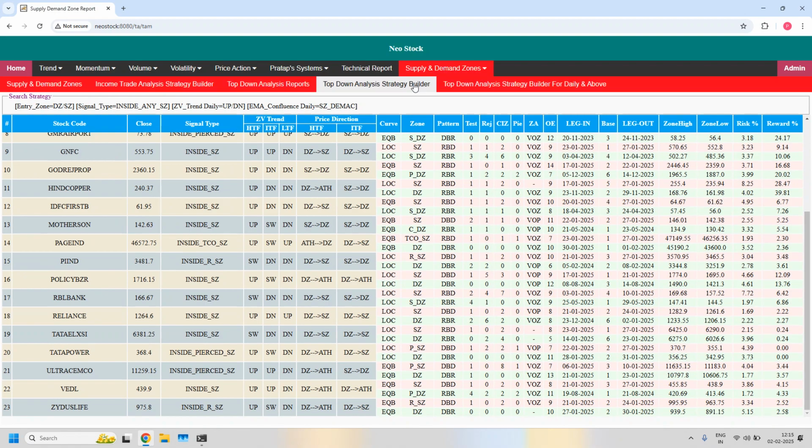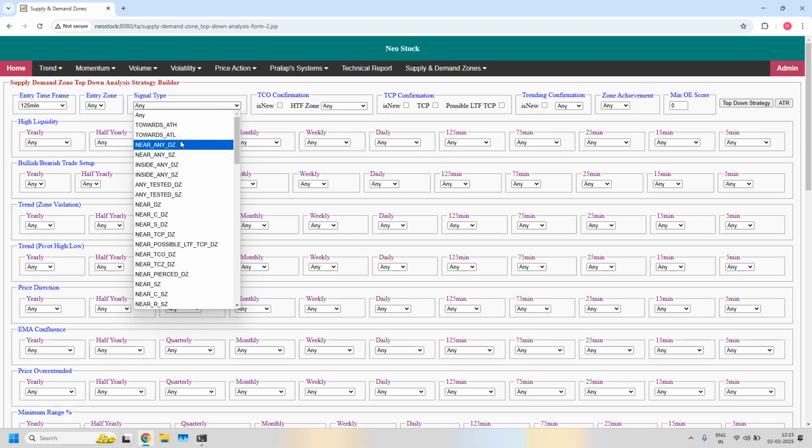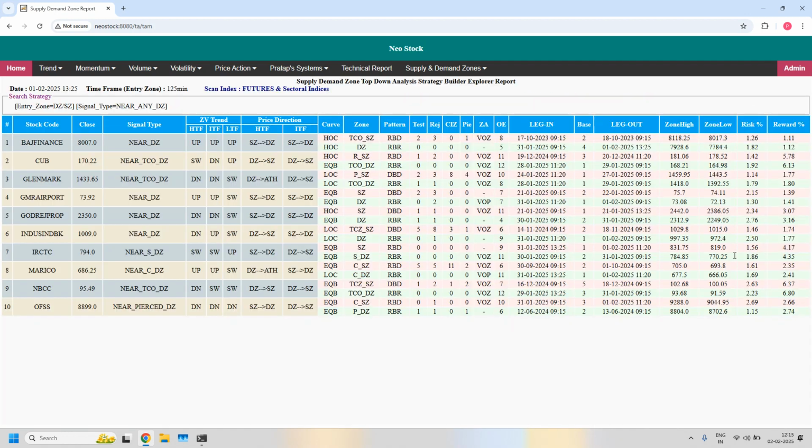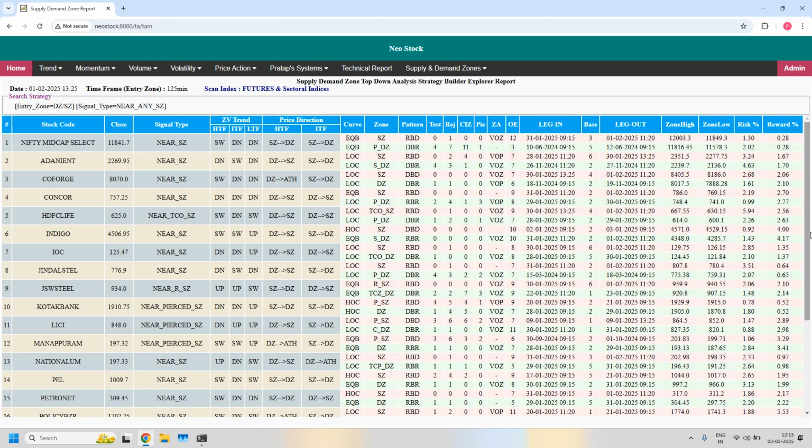Next time frame is 125 minutes. Stocks near the 125 minutes demand zone. We got 10 stocks. Next, 125 minutes, stocks near the 125 minutes supply zone.